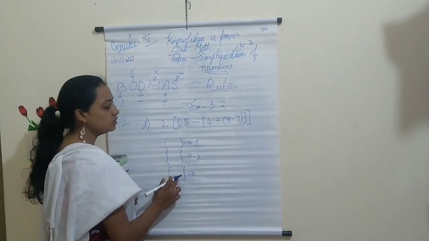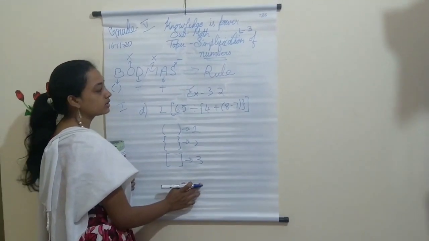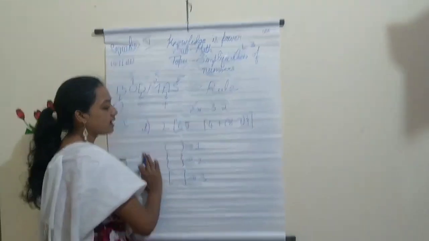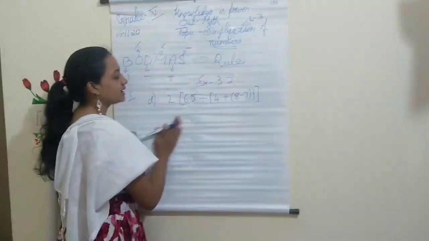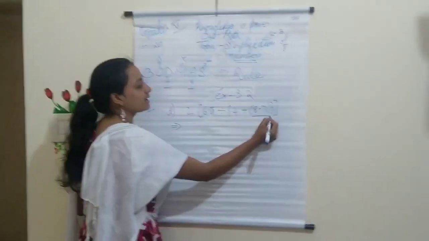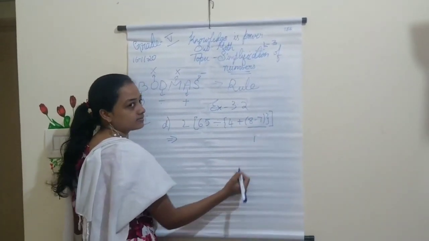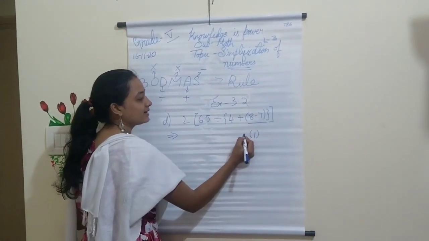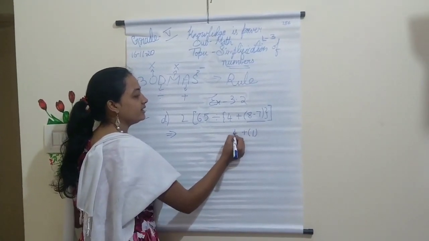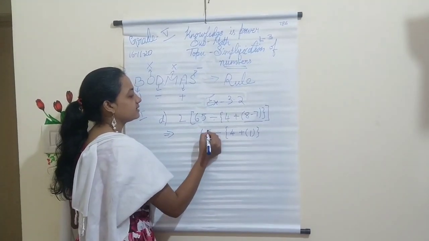Next you should do the square bracket. So now let us solve this sum using these brackets. So first is the common bracket. So 8 minus 7 is 1. And let me keep the answer inside and write all the others as they are.